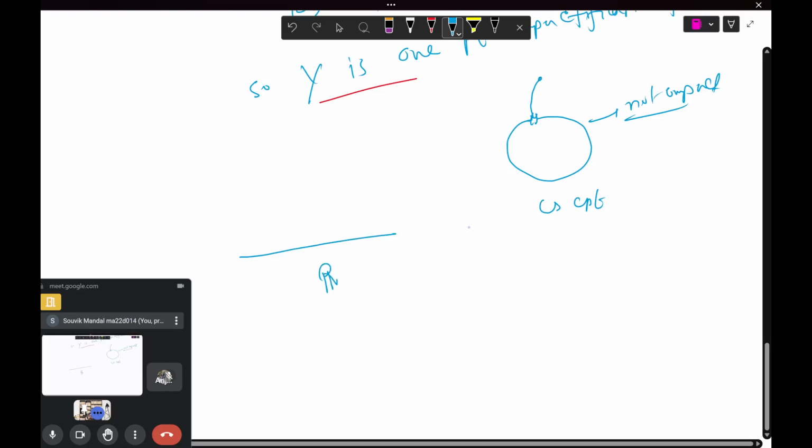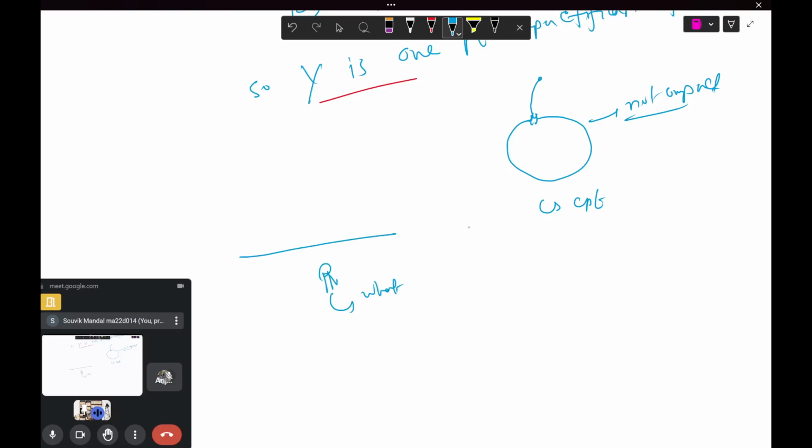Suppose this is the real line. What may be its one-point compactification? Can you guess? First, the real line is not compact. And anyway, the real line can be thought of as an open interval, right?